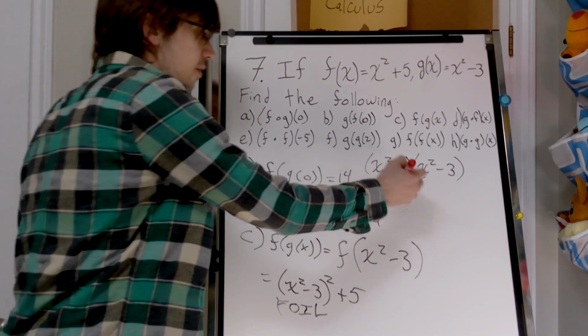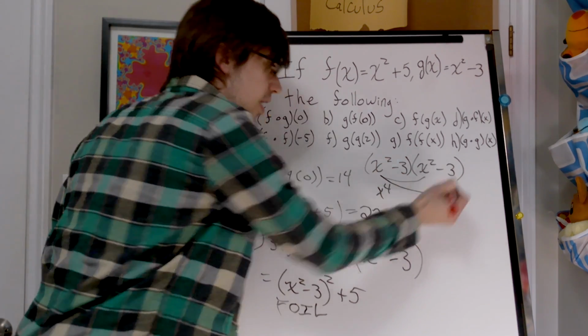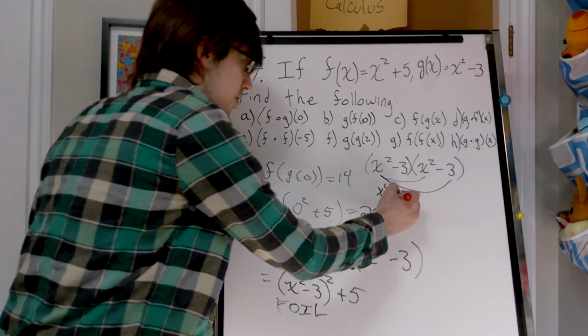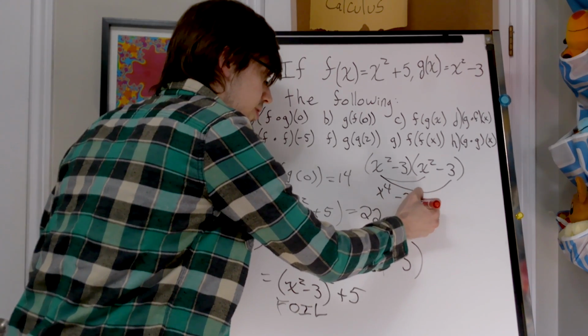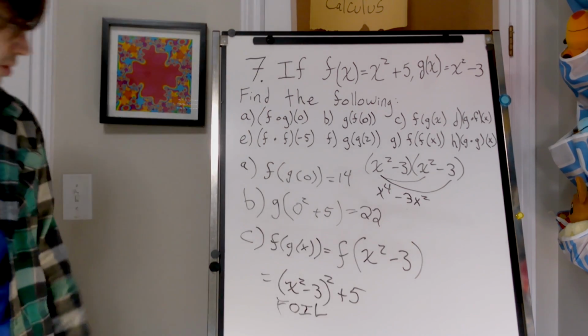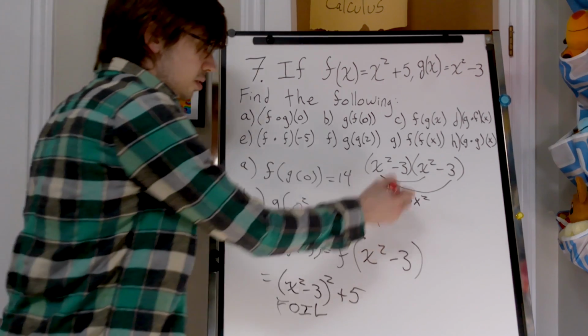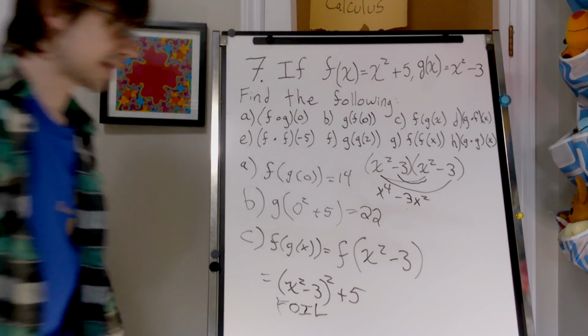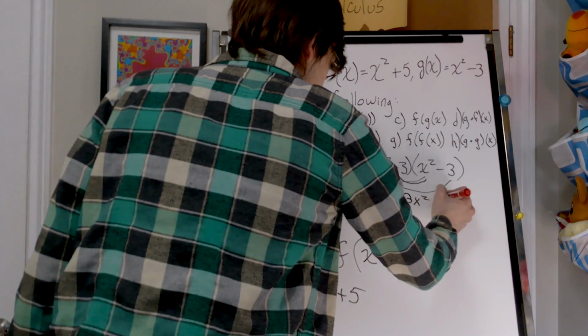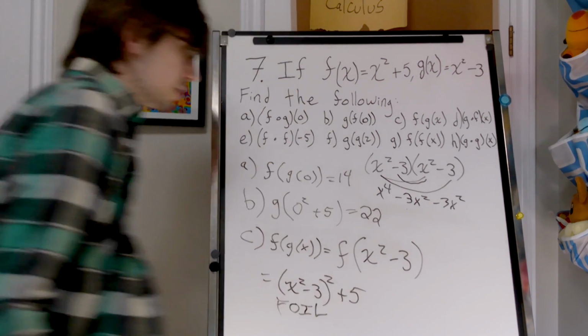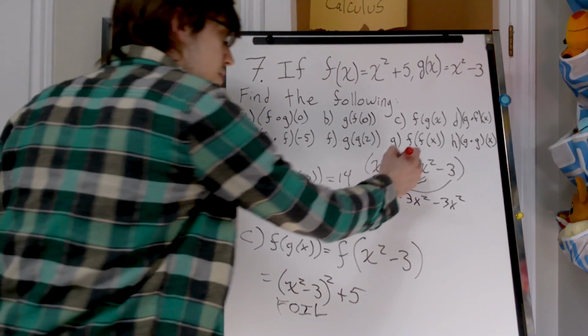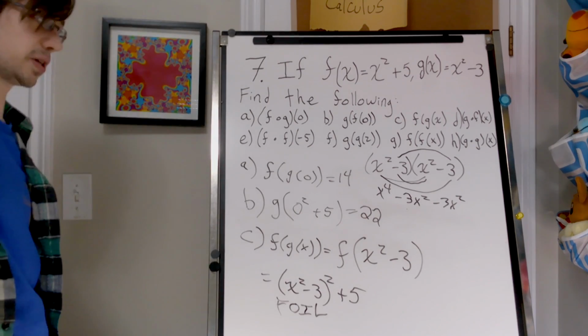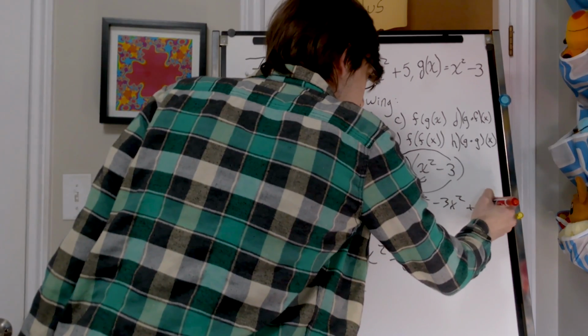Outside terms, x squared times negative 3. That would get us negative 3x squared. Inside terms, negative 3 times x squared. Same thing, negative 3x squared. Last, negative 3 times negative 3. That is positive 9.